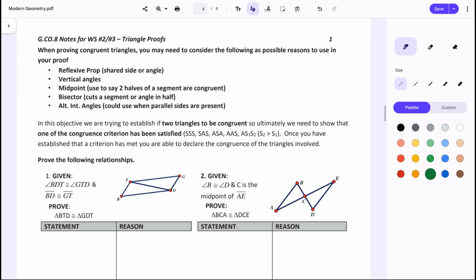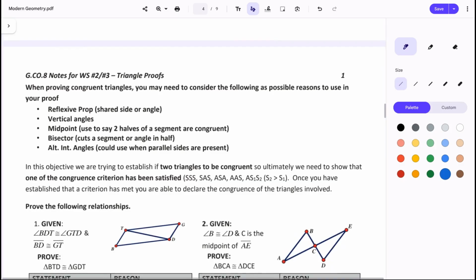So before we even get too far into this, can you guys remind me, what are the 5 congruence tests that we talked about last week? Just say one if you know one. SSS. AAS. SAS. 2 more. And there's one more.